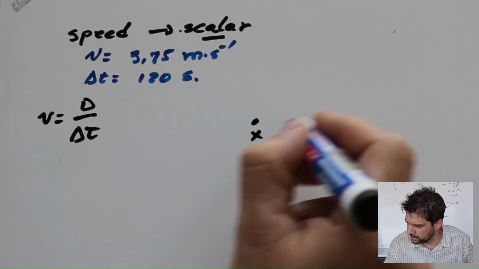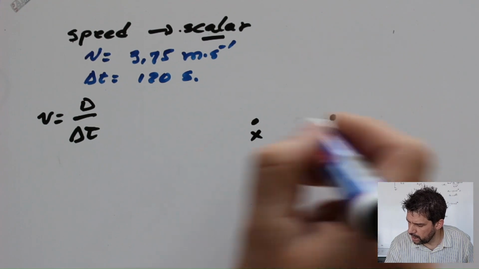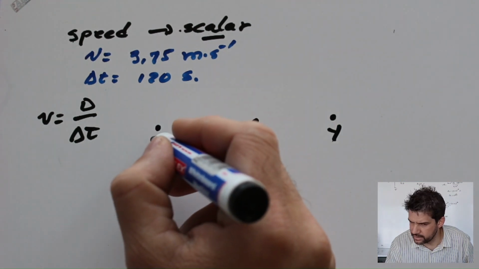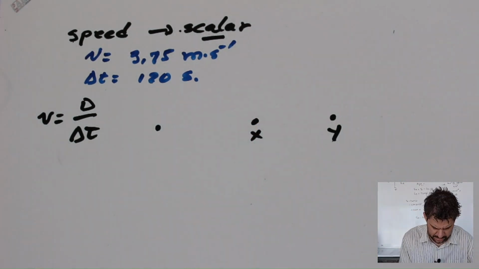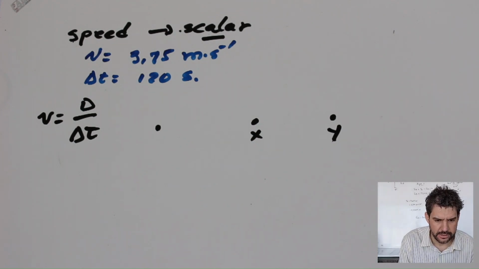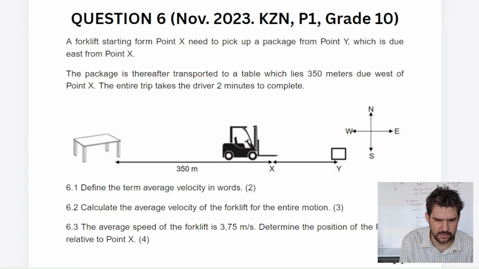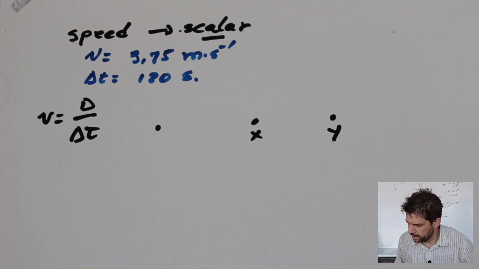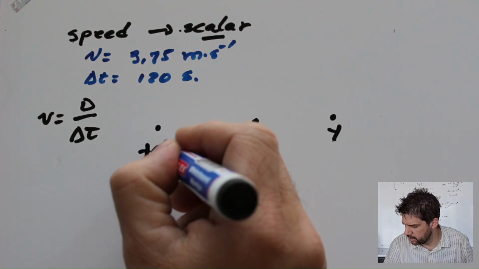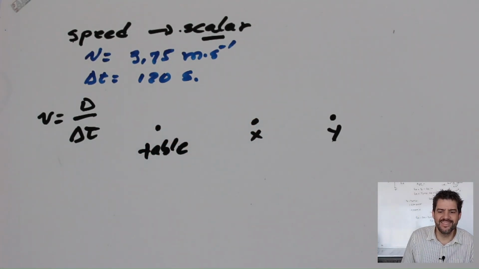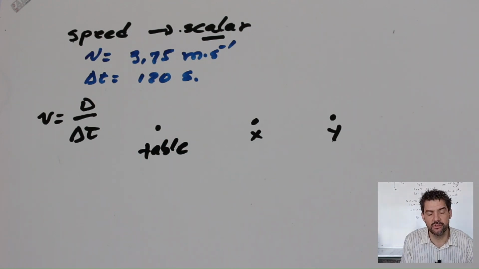Here is point X, here is point Y, here is the table, it's just a table, so they don't give a name there. So what is the distance? Now the distance is the complete or total path taken by that specific forklift.